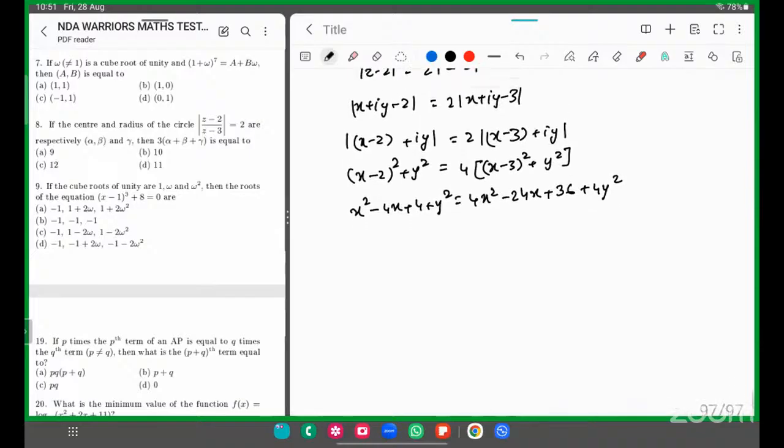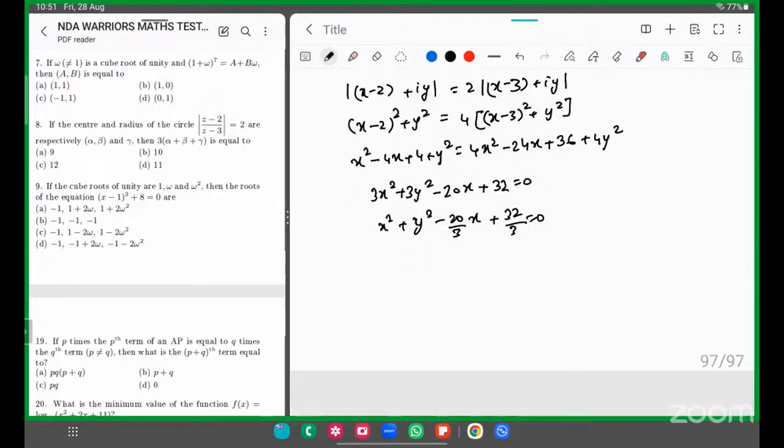Taking all the terms to one side, it becomes 3x square plus 3y square minus 20x plus 32 equal to 0. Now taking 3 common, it will be x square plus y square minus 20 by 3x plus 32 by 3 equal to 0.